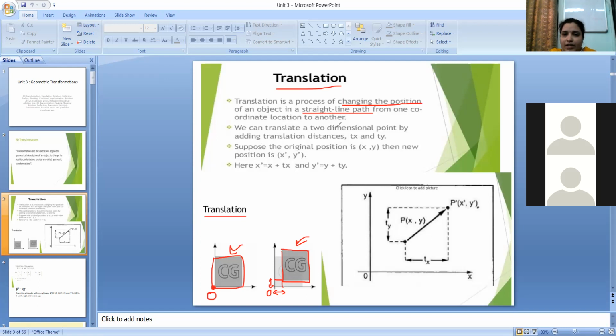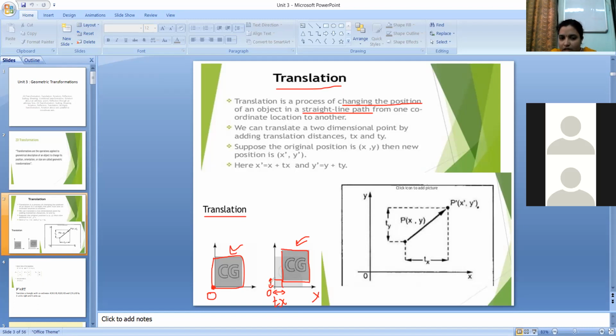We can translate a two-dimensional point by adding translation distances tx and ty. So this distance on the x-axis is the distance by which your original object is shifting. This is called tx. It is nothing but the displacement along the x-axis.